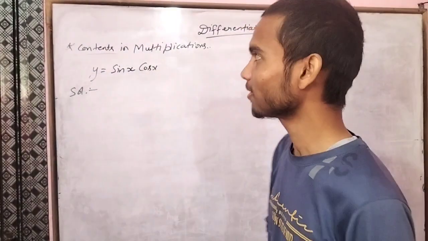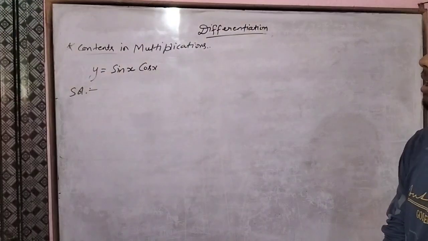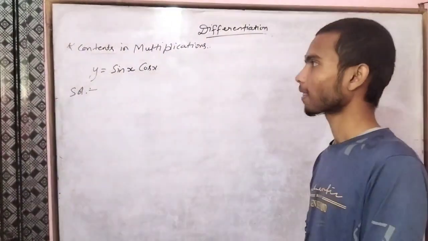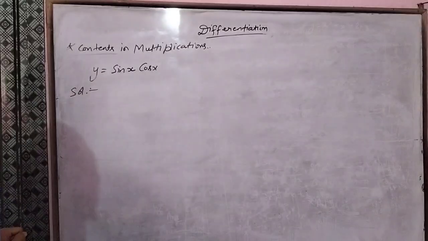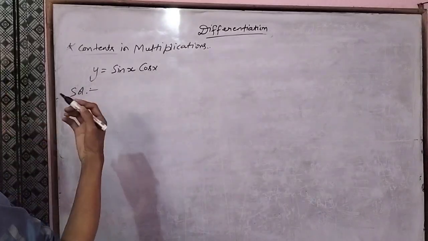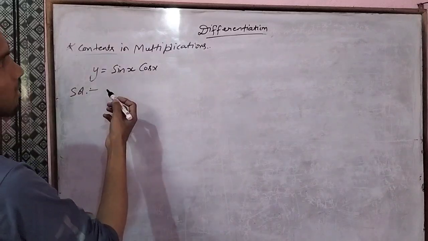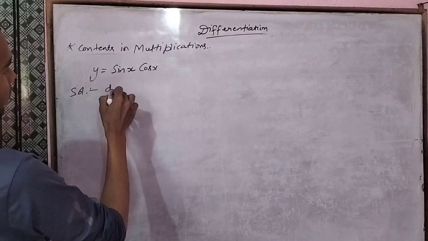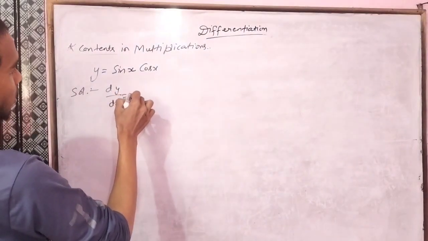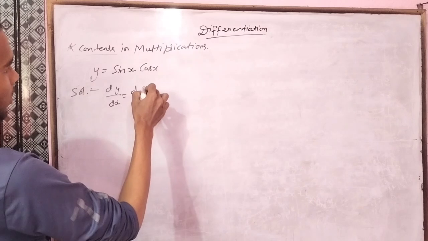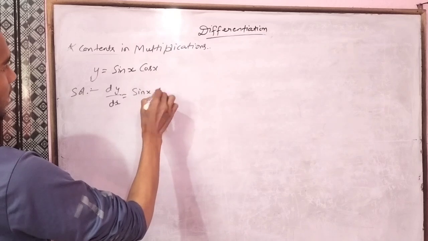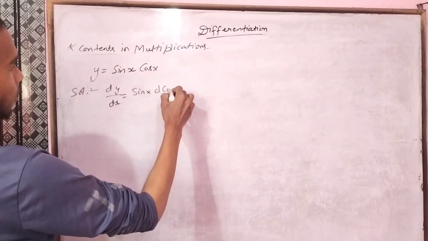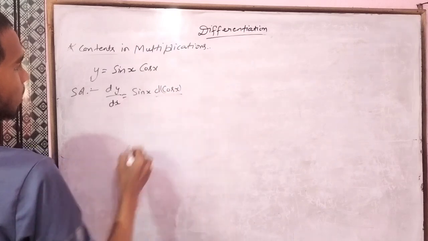Now it's time to solve trigonometric. We have trigonometric functions in multiplication, so let's differentiate it. First of all, the first variable as it is.